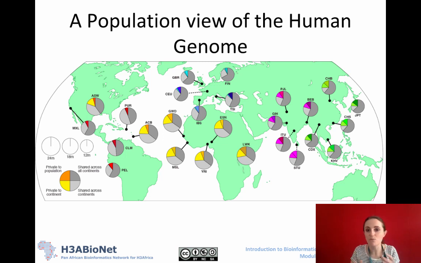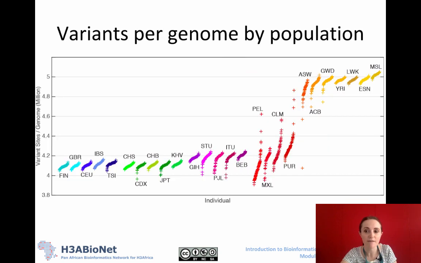We then ended up with much less genetic variation within our population. So studying population structure in African populations is actually very different to studying it in some of the other populations. If you just look at variants per genome as well, sites which have bases different to the reference, there are far more in the African population than in most of the other populations, which is really quite interesting.